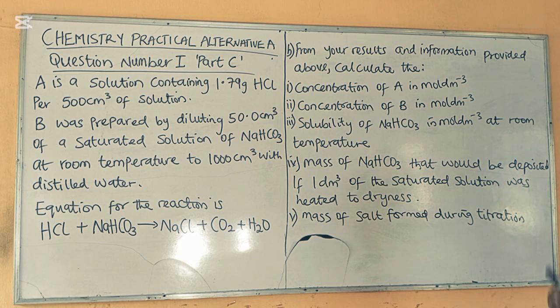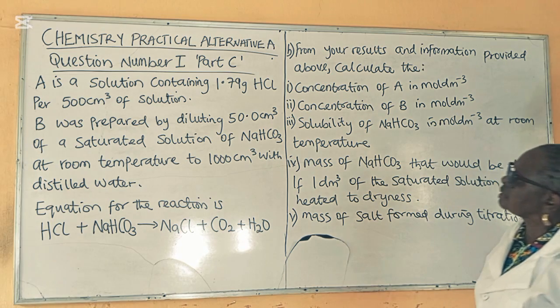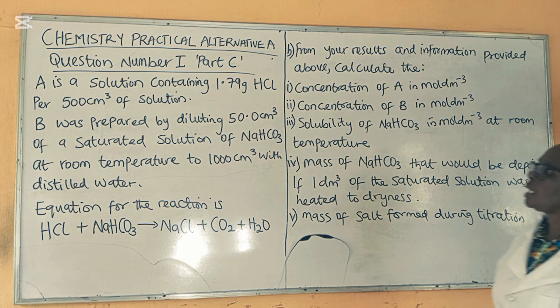Let's look at it and get it solved. It will benefit you a lot. A is a solution containing 1.79 grams HCl per 500 cm³ of solution.